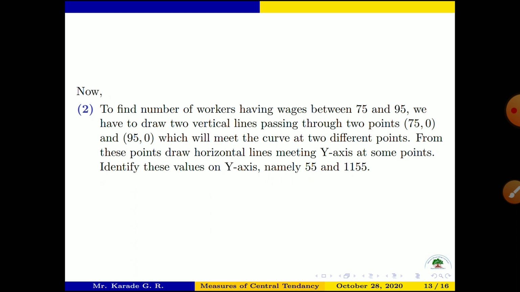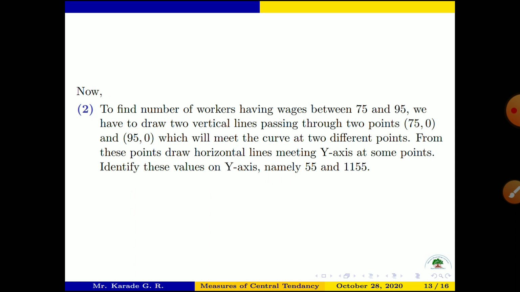Okay, now to find the number of workers having wages between 75 and 95, we have to draw two vertical lines passing through the points 75, 0 and 95, 0, which will meet the curve at two different points. From these points we draw horizontal lines meeting the y-axis at some points.